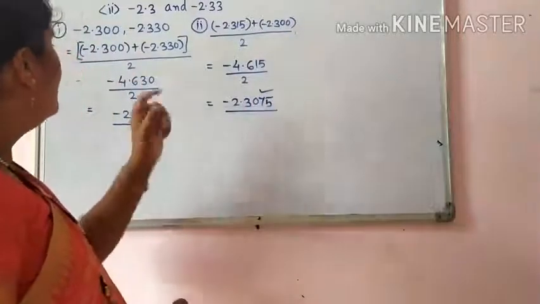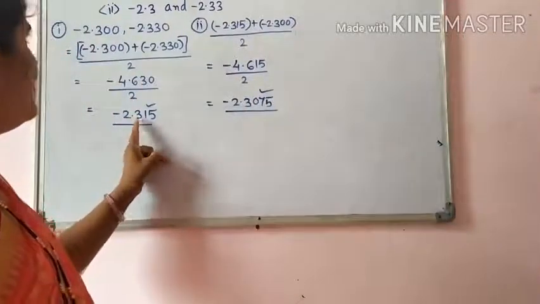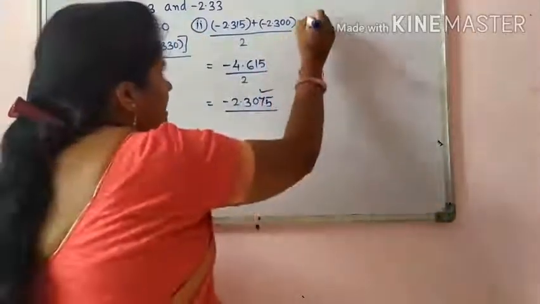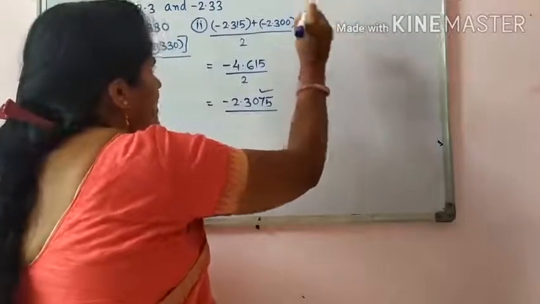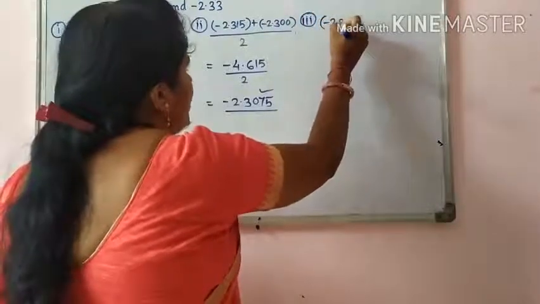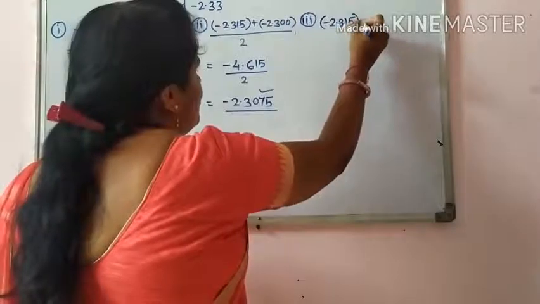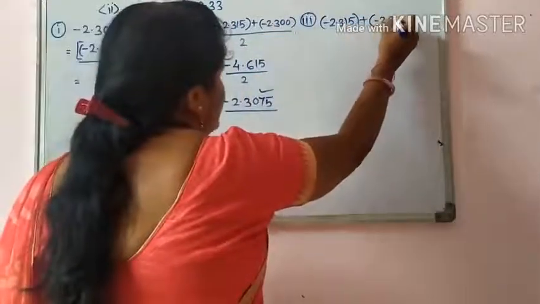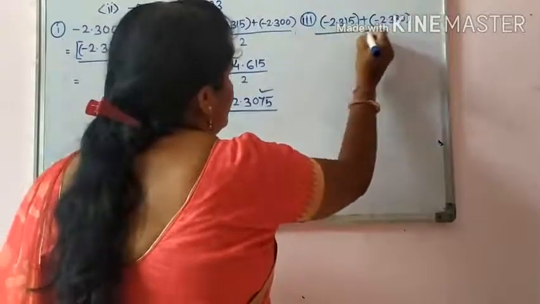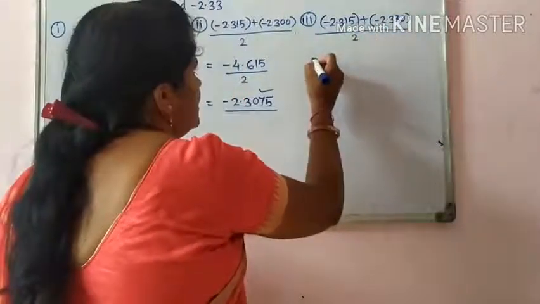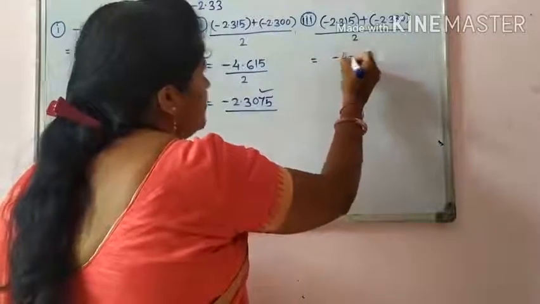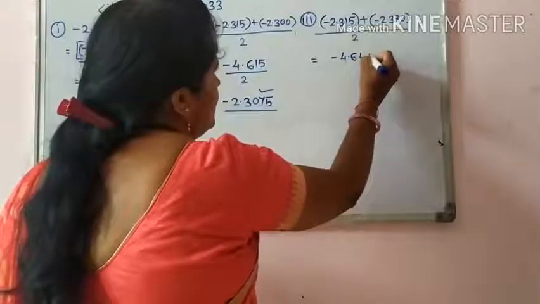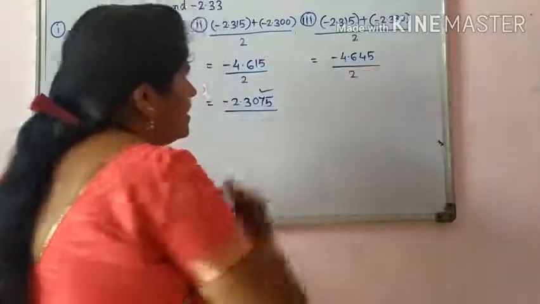आता आपण काय करू हे minus 2.315 and minus 2.330 यांच्या मधला रॅशनल नंबर शोधू. So third one: minus 2.315 plus minus 2.330 divided by 2. So this is equal to minus 4.645 divided by 2.